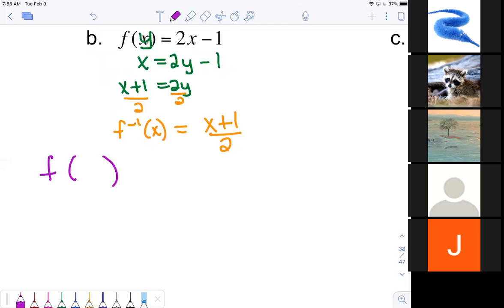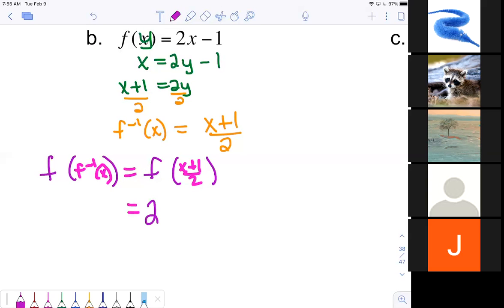So we're going to take the inverse, which is the answer that we just found. So we're taking the original function and then the inverse function that we found. And we need to make sure that when we take the composite of those two functions, it reduces down to x.